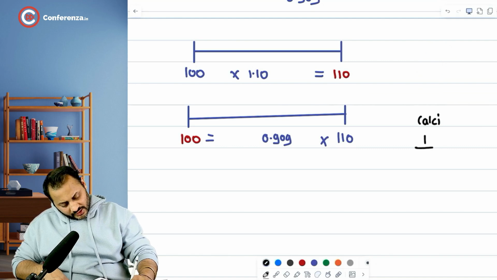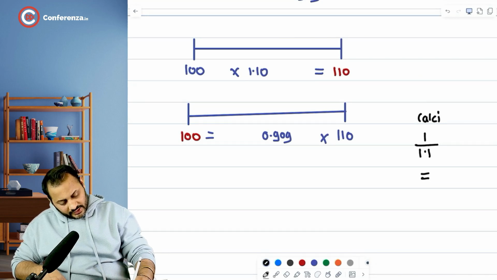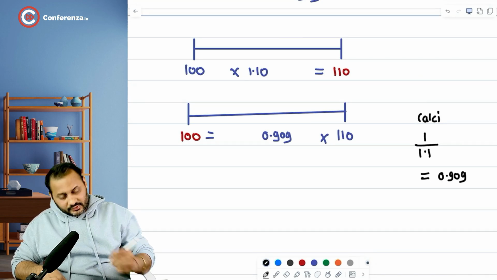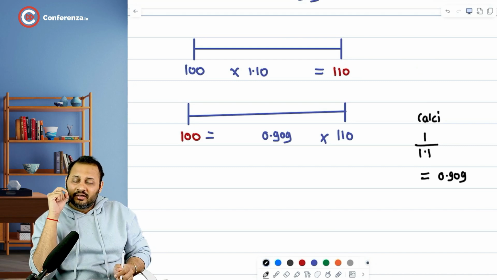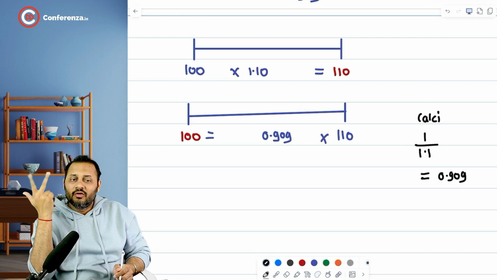You have to key in 1 divided by 1 plus r, that means 1.1. So if you press the equals sign, you will get 0.909. This is the factor to calculate the present value of something at 10% rate for 1 year.